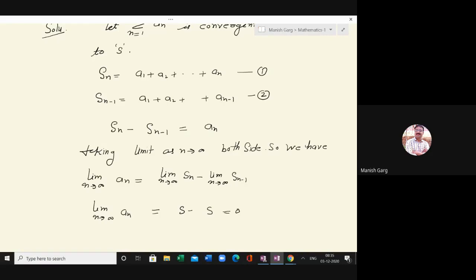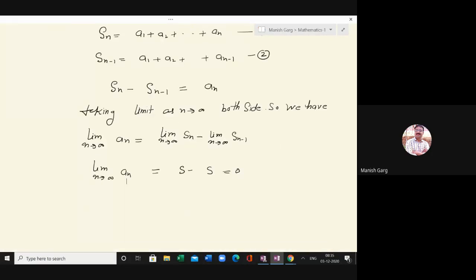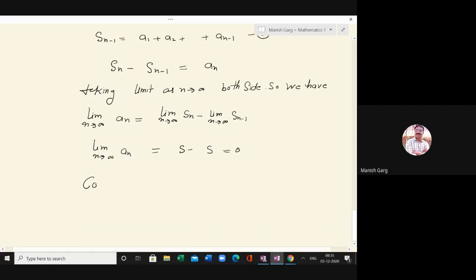So this is the necessary condition. We have a benefit of the necessary condition: if it does not hold, you can say the series does not converge. You can say the converse is not true.